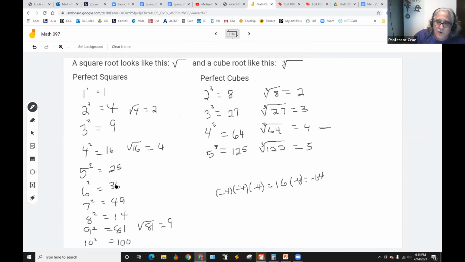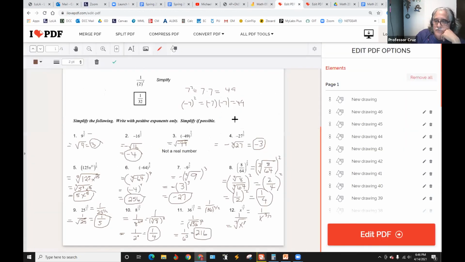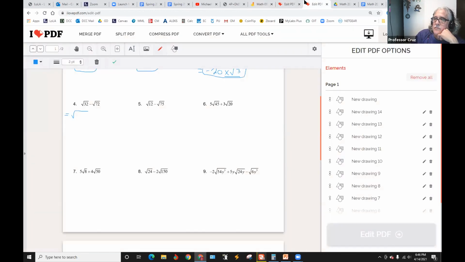There's no 32, there's 36, there's 25, but 16 is the only one that allows us to break it down. So this is 16 times 2. And this is 36 times 2.